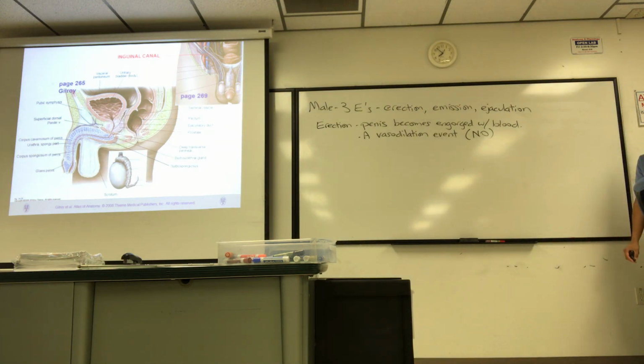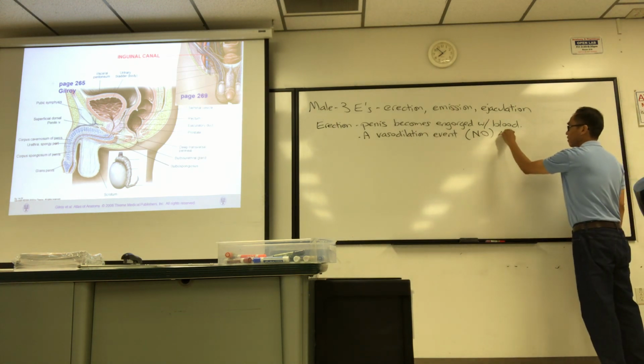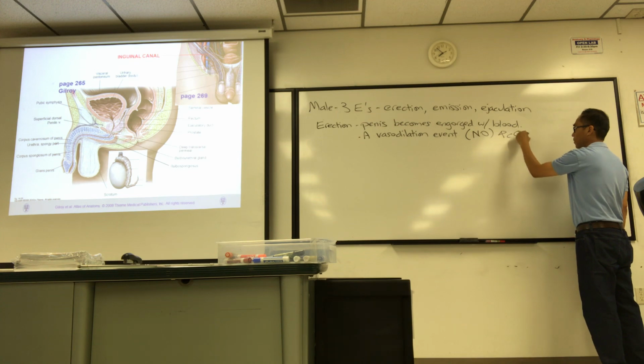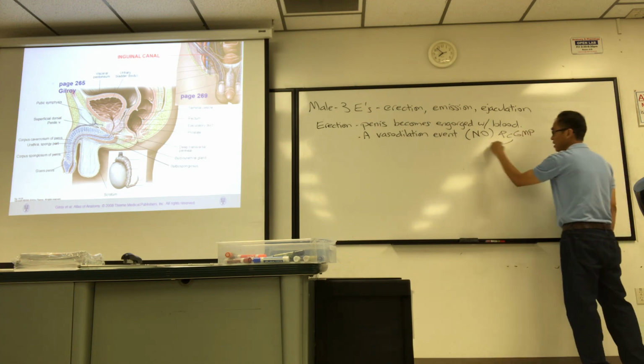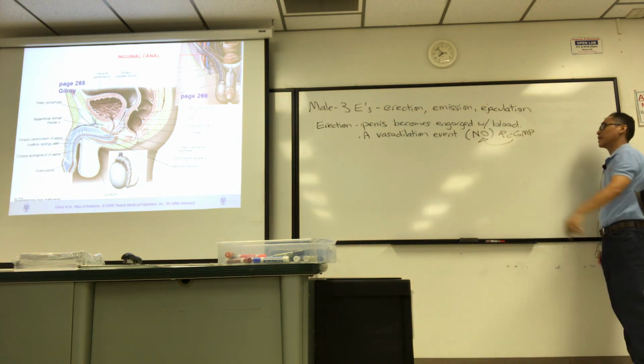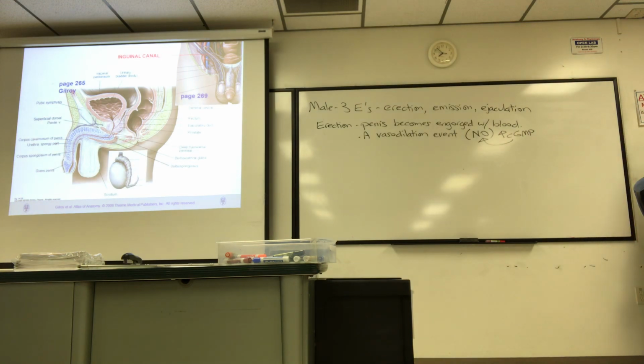Okay. The legit ones work by increasing the level of a second messenger. I believe it's cyclic GMP. Well, anyways, the key molecule is nitric oxide, NO. Okay. So that's kind of a bit of physiology of how blood vessels dilate alone for an erection. Okay. And that's why those drugs can help men with erectile dysfunction.